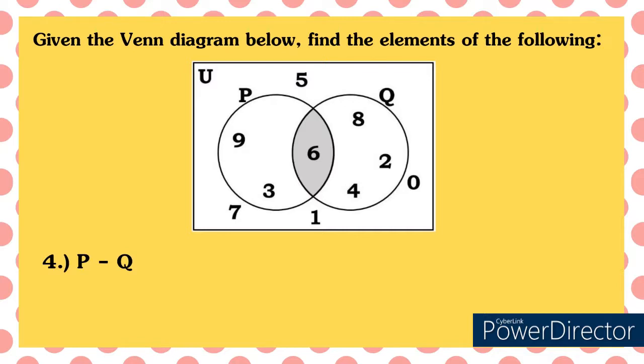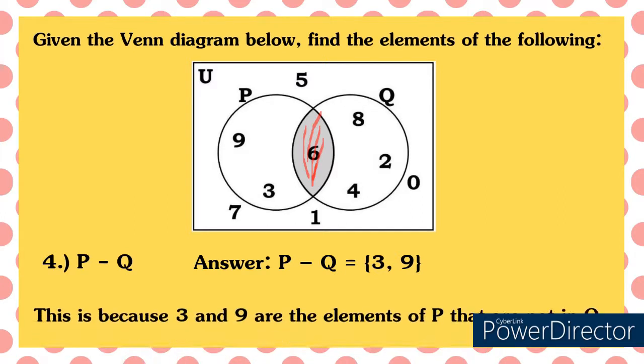So, tatanggalin natin ang 6. What will be our P minus Q? Our answer is P minus Q contains 3, 9, kasi hindi na po natin isasali si 6. This is because 3 and 9 are elements of P that are not in Q.